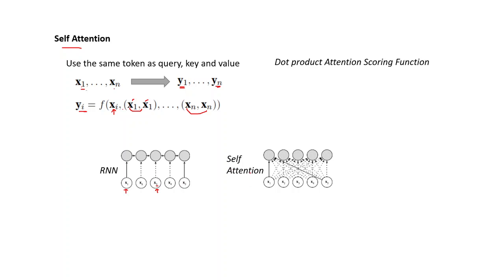But in self attention, these long distance relations can also be calculated because of this function. If you take x1 as the query, the others, x2, x3, x4, x5, are the keys.